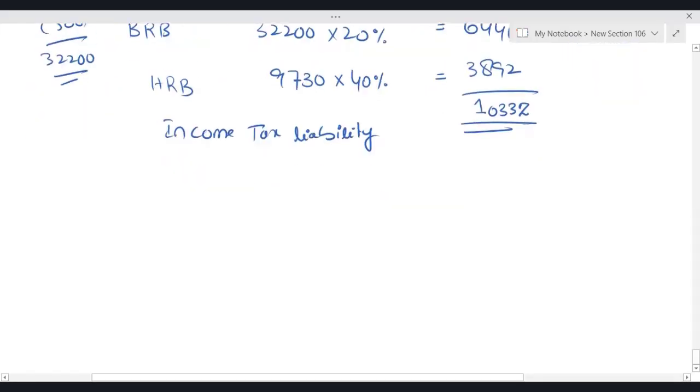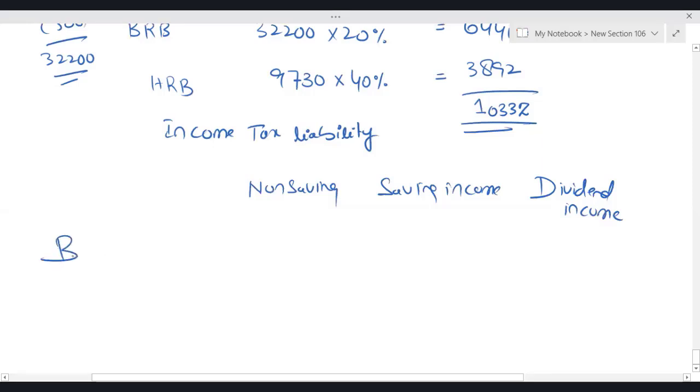Now let us introduce one more, that is dividend income. So non-saving, saving income. Dividend income is dividend income, obviously. Basic rate, £1 till 37,700: 20, 20 and 8.75%.